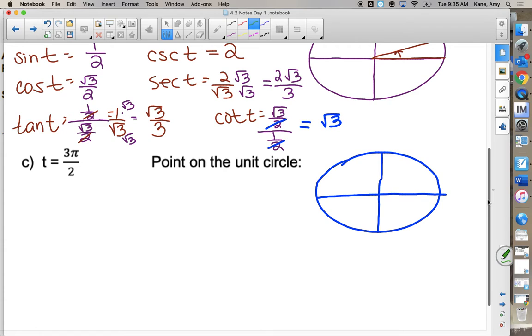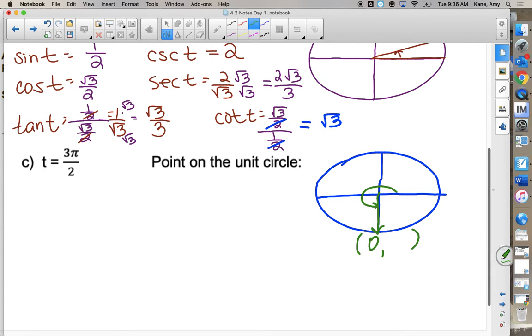Nick, do you know where 3 pi over 2 is? Is that the 270? That is the 270. So if I have 2 pieces of the pie on the top and going to the bottom and counting to my 3rd piece of the pie, that angle is at the 270 mark.